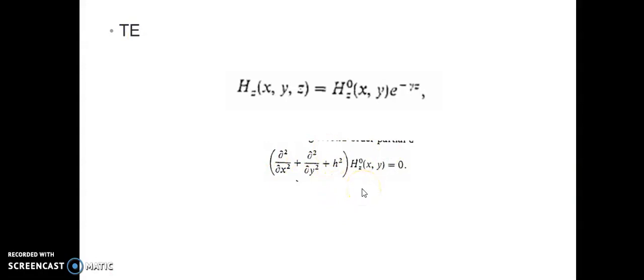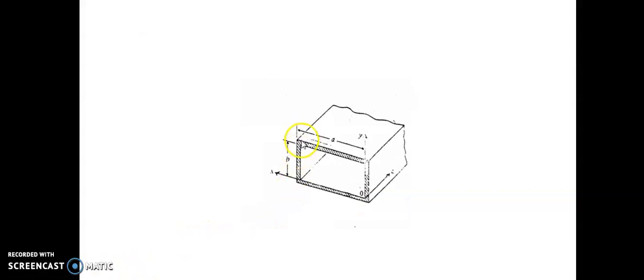So the corresponding boundary conditions should be written in terms of Hz0. And we know that the x equal to 0 point is the yz plane. So the tangential component is either the y component or the z component.